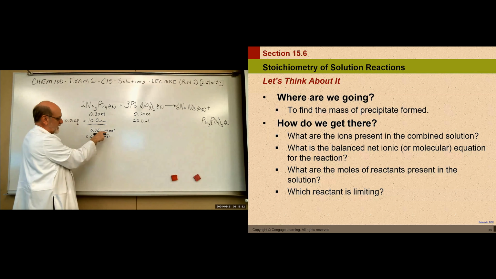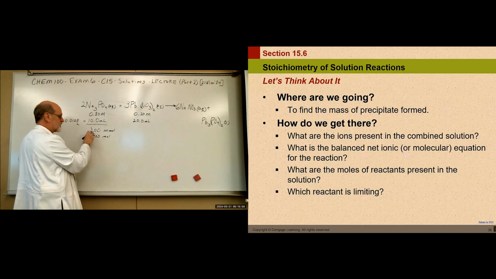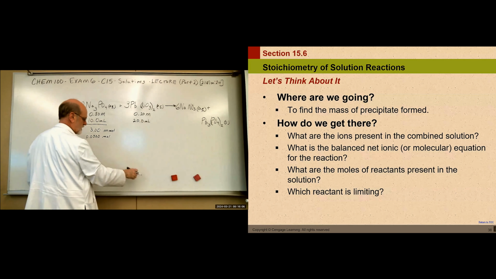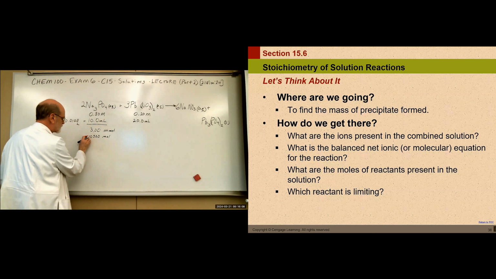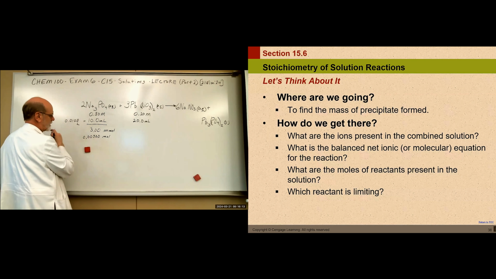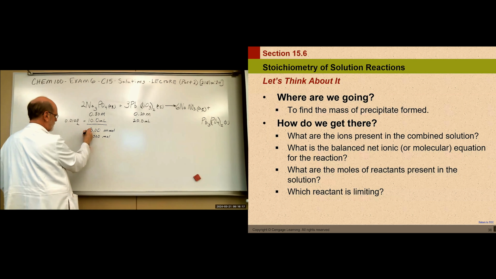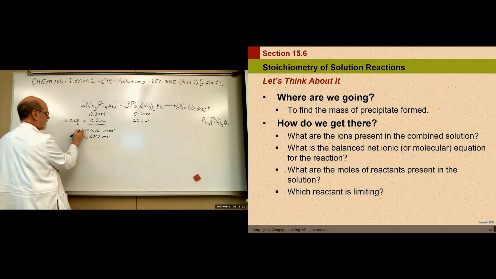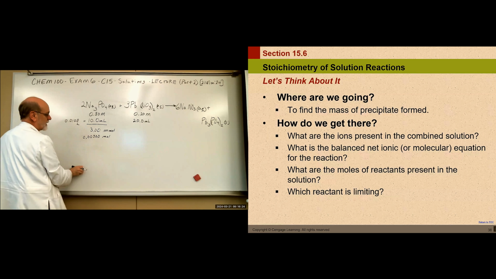Notice that millimoles, this milli is 10 to the minus 3. So 10 to the minus 3 would be 3 places to the left. 1, 2, 3.